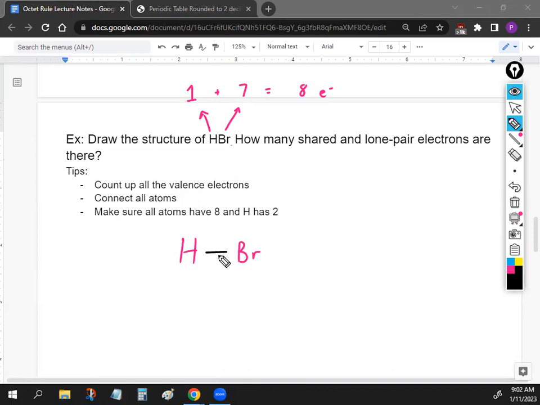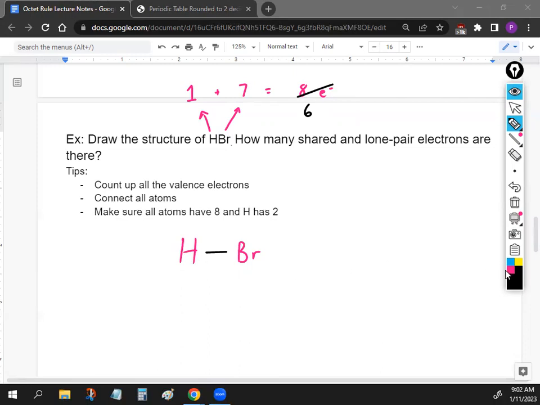Now, if you draw one line, how many electrons does that line represent? 2. So if we use 2 of them to connect them, we only have 6 left over that we can still work with. Now that these 2 are connected, all we have to do is make sure everybody has 8 and hydrogen has 2.